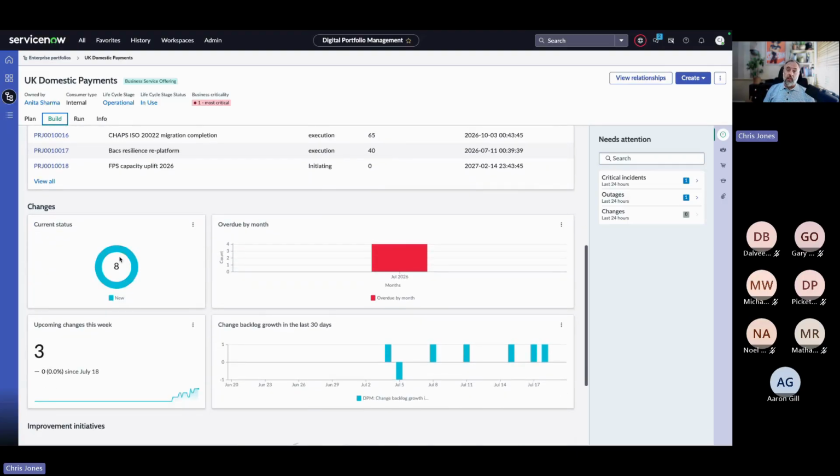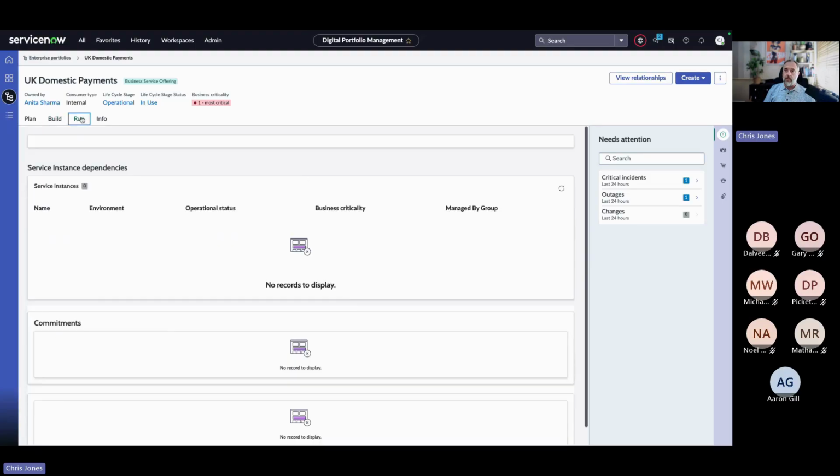We can also look at all the changes that are new against this particular service. It doesn't need to be particularly directed at this UK domestic payments. It just needs to be in its dependency line. So again, if it's the production application service that's going to be in a change, this would pop up here as well so that we could see and look at it.